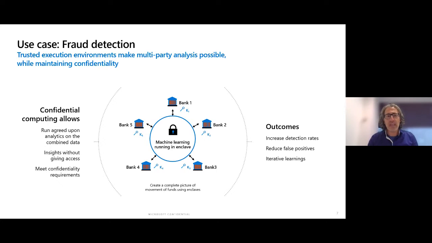In this case, the outcome can be an increased detection rate, a reduced number of false positives in fraud detection. Banks have their own historical data set, and they typically run some machine learning on their own data source, which is obviously extremely confidential, and very likely they don't want to share their own data with anybody else.